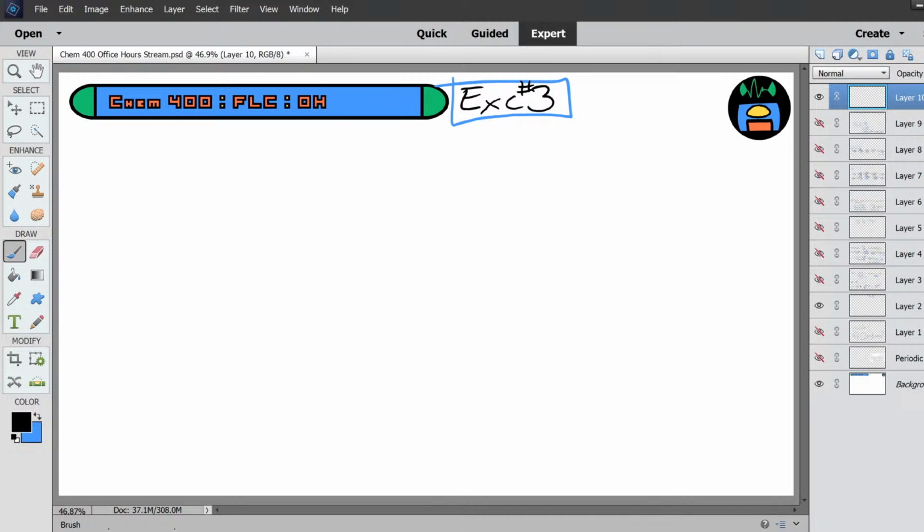So density. Density is equal to the mass of a substance. It's a ratio of the mass of the substance to the volume that substance occupies.